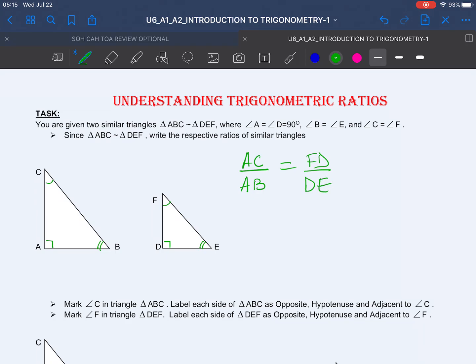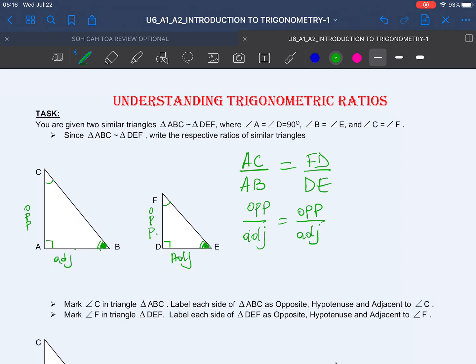Now, if we refer to angle B in this triangle and angle E in this triangle, we are trying to write here actually the ratio opposite over adjacent. So opposite over adjacent equals, the same thing applies to angle E, so this will be FD the opposite and DE will be the adjacent. So that's opposite over adjacent as well.